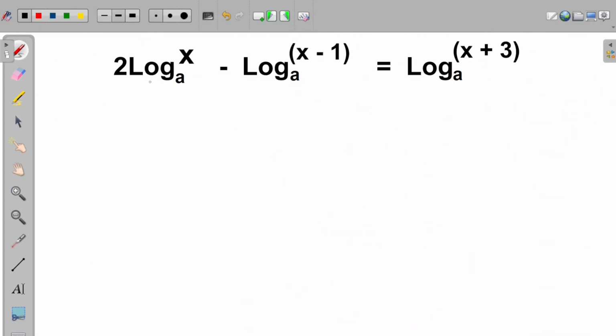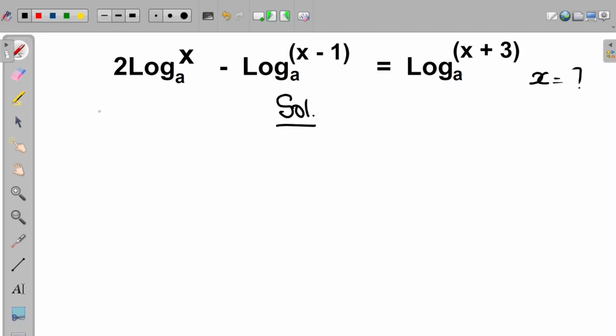Now, we are given a question that says 2 multiplied by log x to base a, minus log x minus 1 to base a, equal to log of x plus 3 to base a, and we are asked to obtain the value of x. So at this point, let's put down our solution.